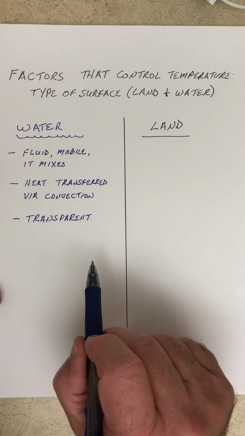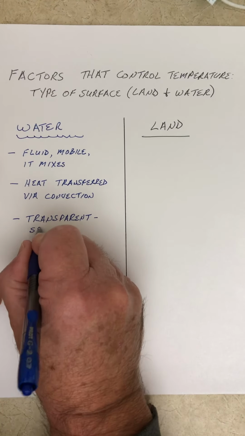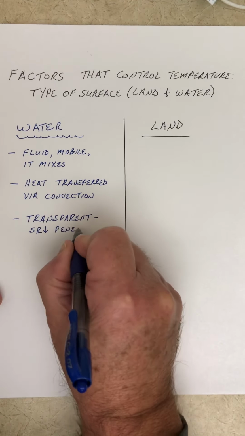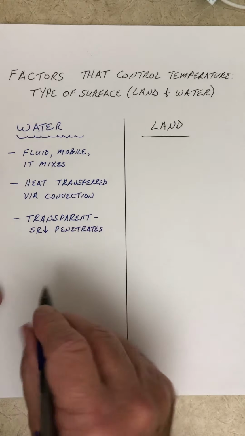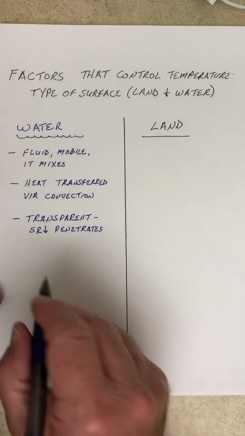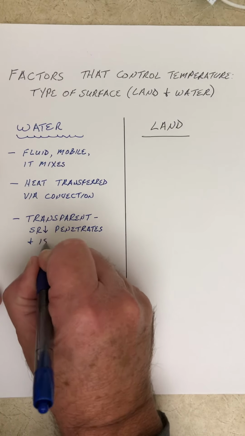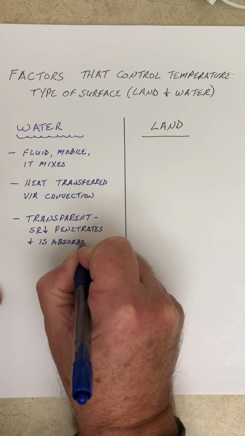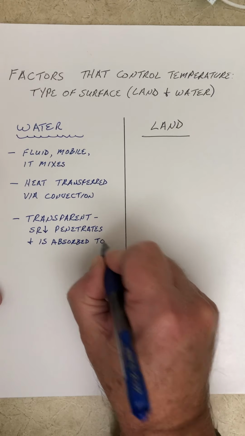In the open ocean, water is fairly transparent, and so as a result, incoming solar radiation penetrates the surface of the water, and so a greater depth or volume of water can absorb the heat energy. So solar radiation penetrates and is absorbed to a greater depth.